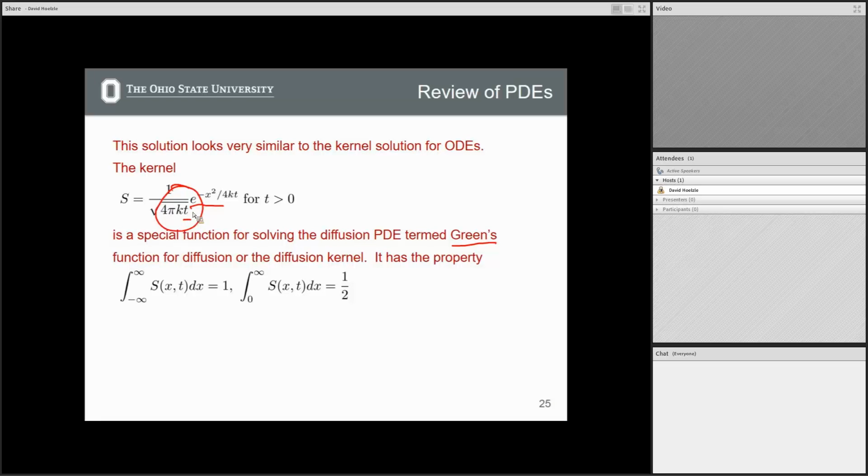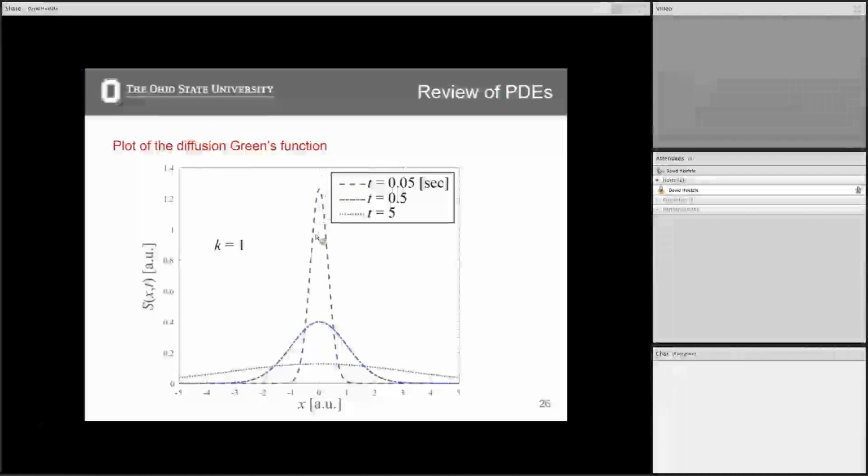If you have time equal to 0, this exponential, if you look at the limit, has a time in the denominator. This peak gets infinitely high and infinitesimally wide. As time increases, this peak is going to continue to decrease, and the variance of this Gaussian distribution is going to widen. We'll see how this can be applied to different applications in a second.